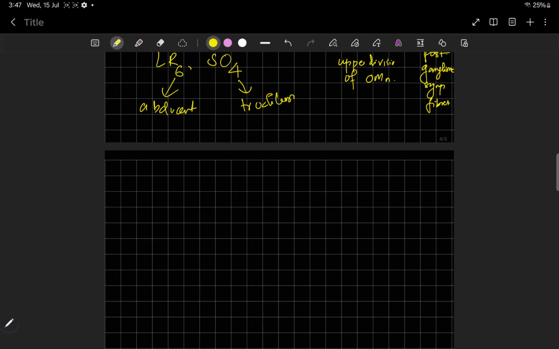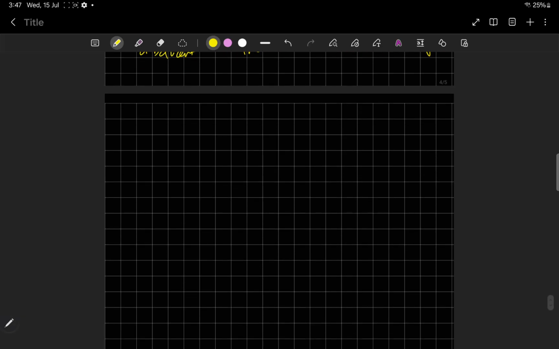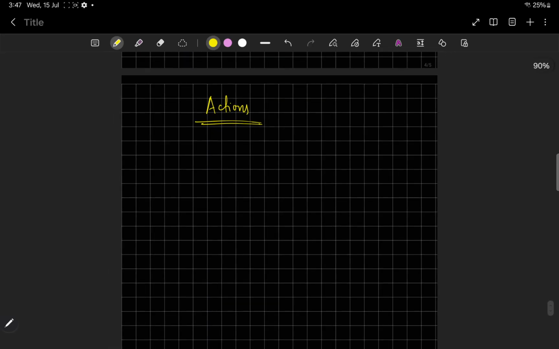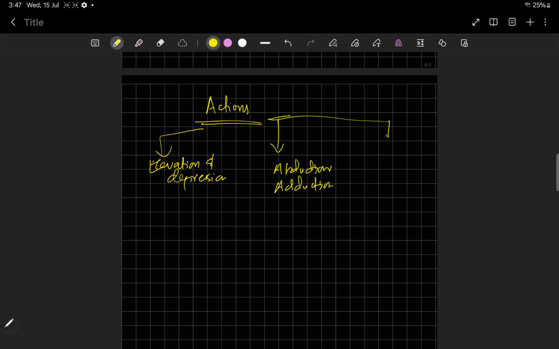And now coming to the actions. The actions can be divided into elevation and depression, abduction, adduction, then rotation.